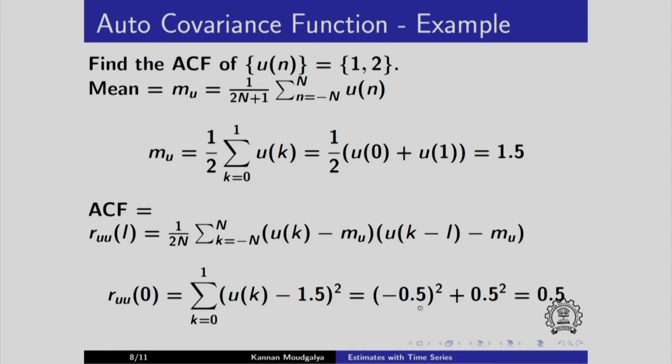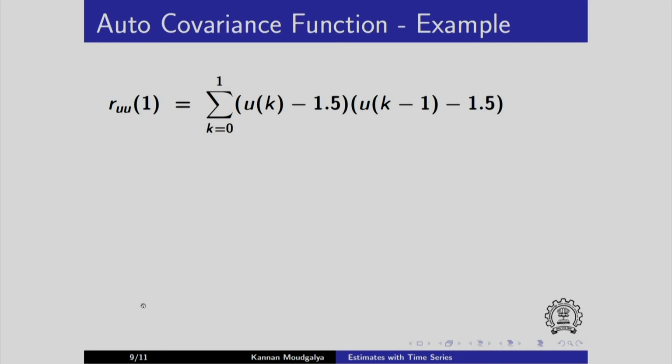When you substitute, for u of 0 you get 1 minus 1.5, so it becomes minus 0.5 whole squared, and for k equals 1 it becomes 2 minus 1.5, which is 0.5 whole squared, so it comes out to be 0.5. This is r uu of 0. In the next slide we will use the same formula, but now we will evaluate for r uu of 1 and 2 as well.